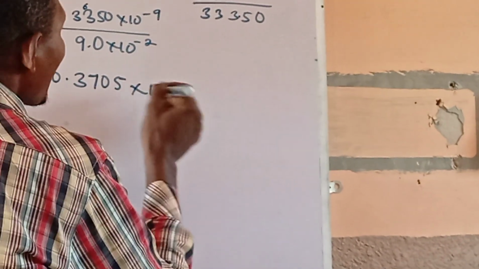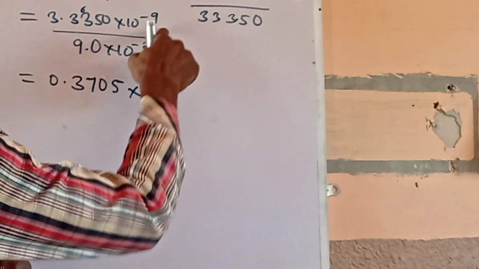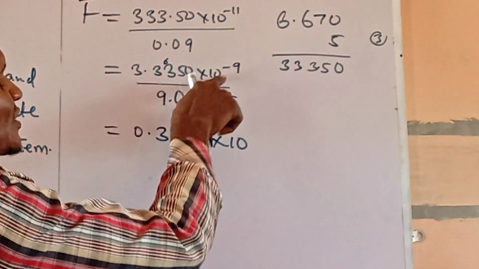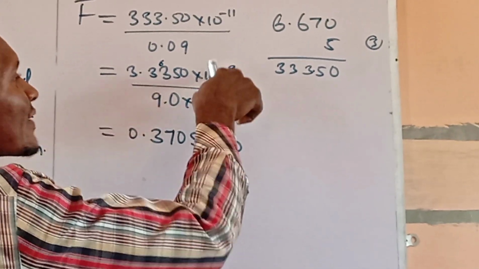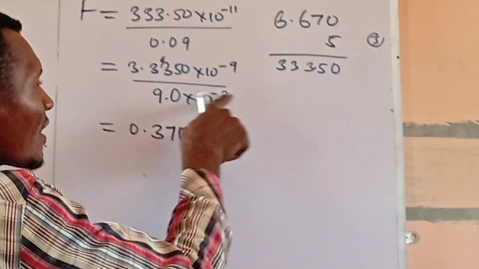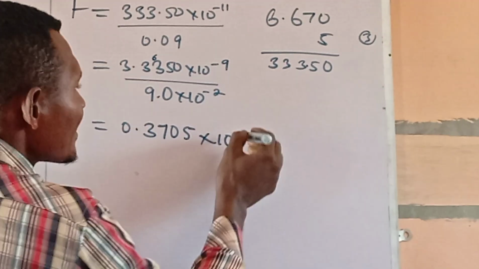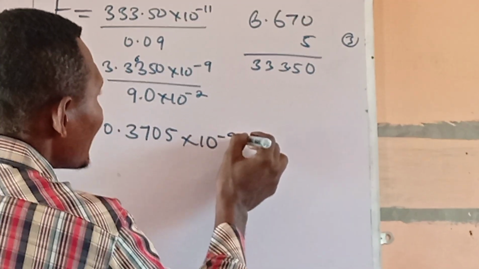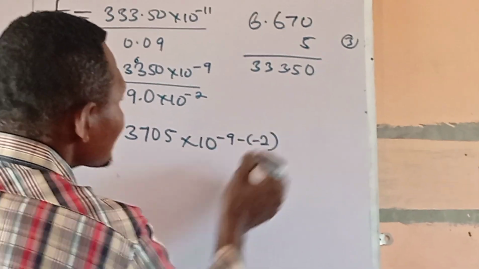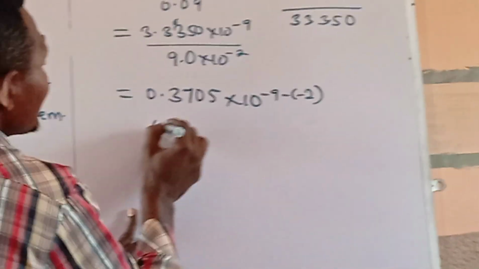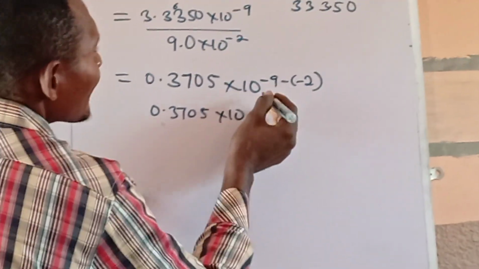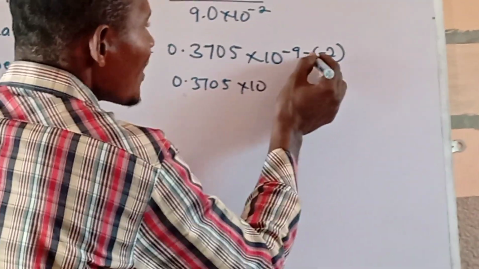Times 10 raised to the power minus 2 will go up, so apply the laws of indices. We have minus 2 here, going up to multiply by 10 raised to the power minus 9. So this becomes positive. Under laws of indices, okay, let me write it down. We have minus 9 minus 2, so that will be 0.3705 times 10 raised to the power minus 3 become positive here.